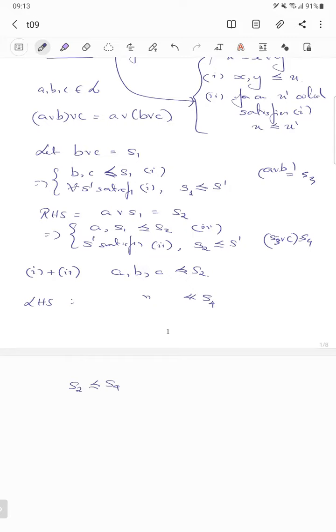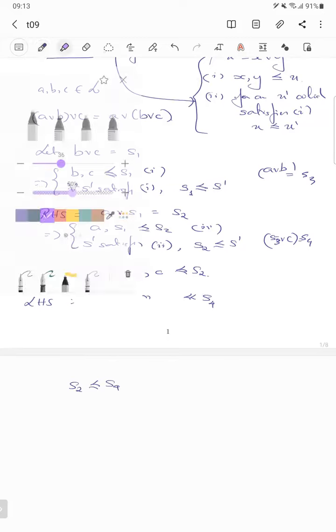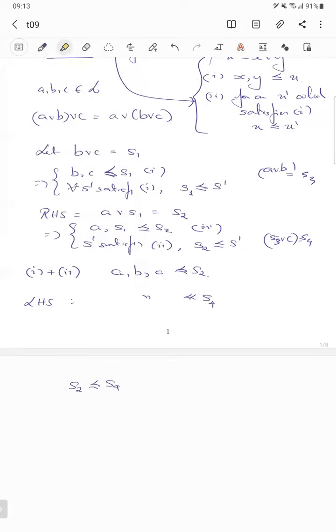So you should actually say that for S2 to precede S4, this is what will help us. Yes. But in order to say that, we should prove that S4 satisfies something which the S prime satisfies, which is nothing but these two conditions, right? Yes. But is that true?